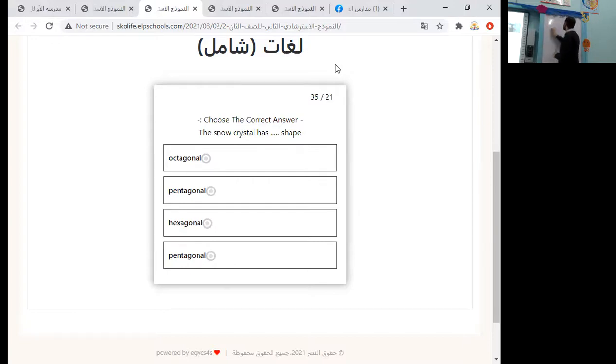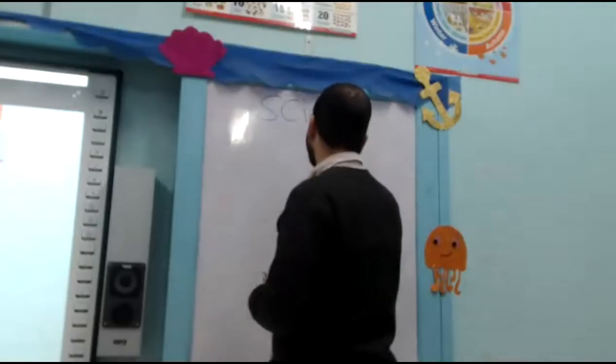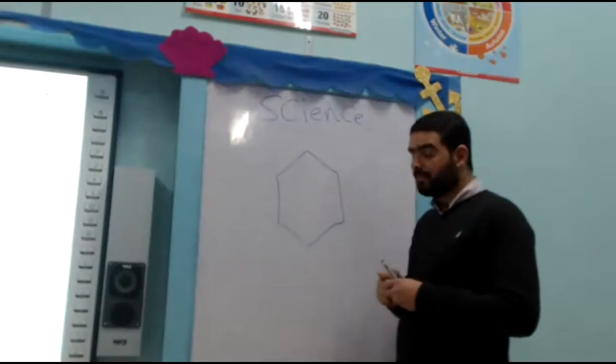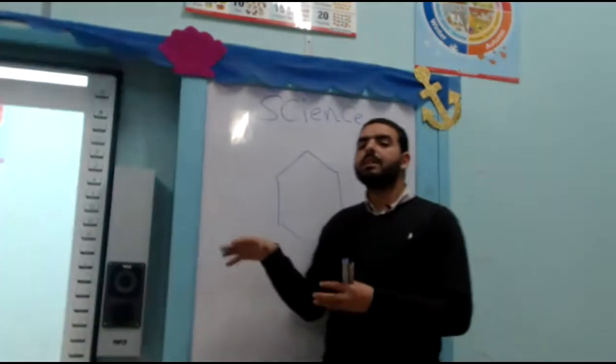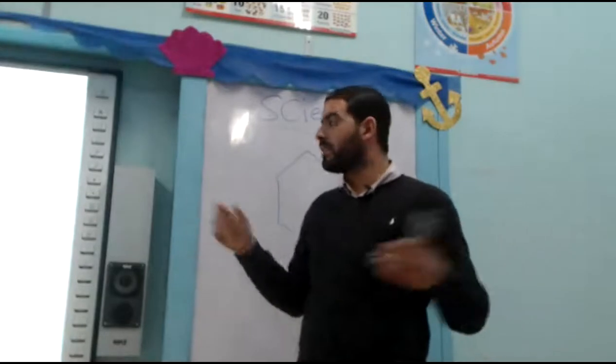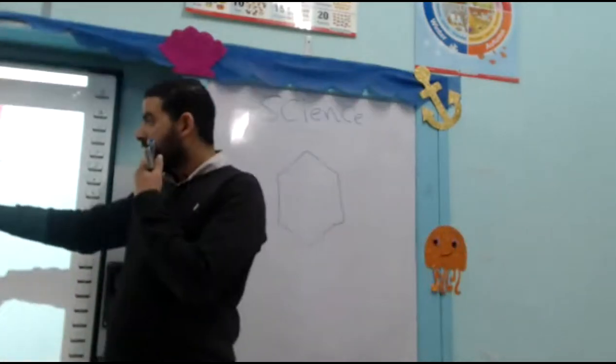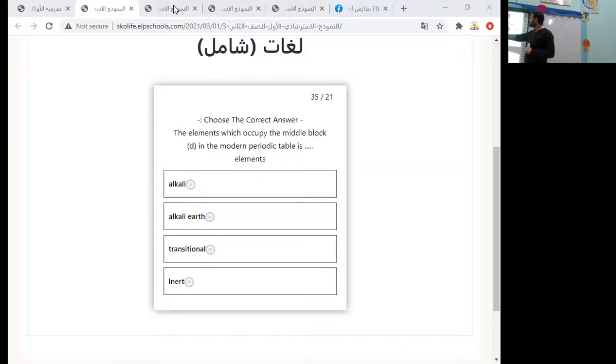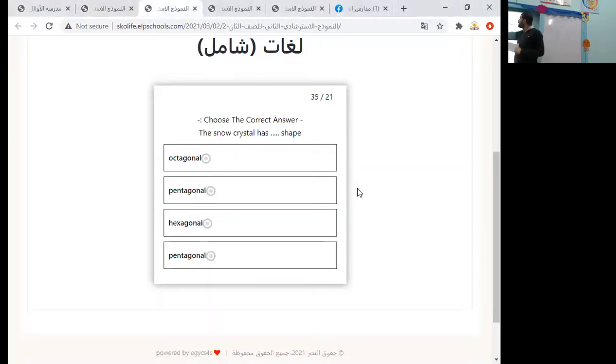As we know, by decreasing the temperature, water molecules begin to be collected in a hexagonal shape with many intermolecular spaces between them. Okay, so the density decreases and the volume increases. So let's return back. The snow crystal has a hexagonal shape.